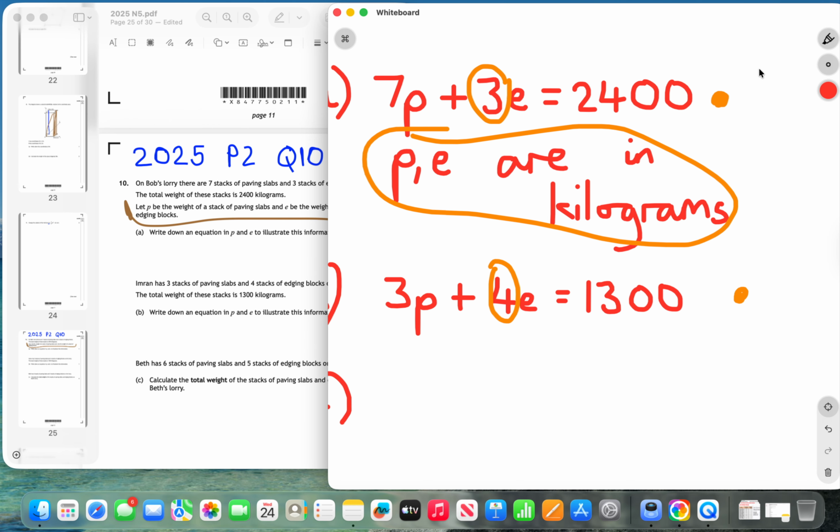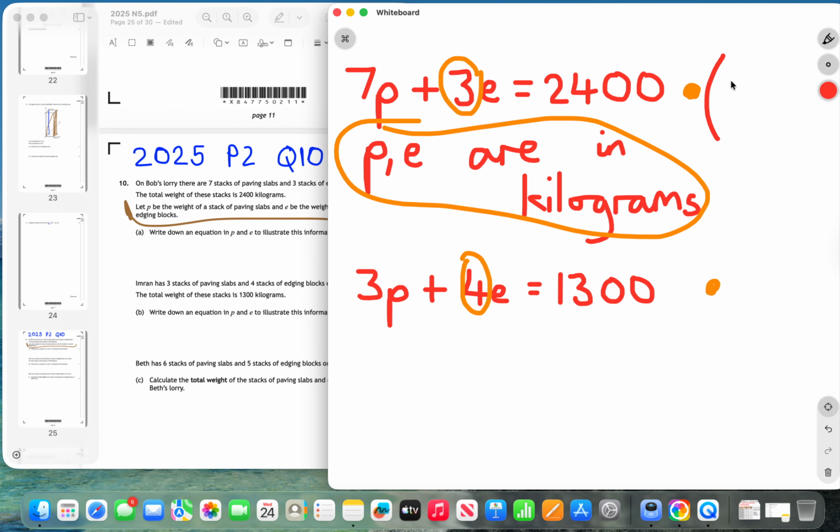I'm going to call this equation 1 and equation 2. So you have to scale up the equations to get a 12, regardless of it being positive or negative.